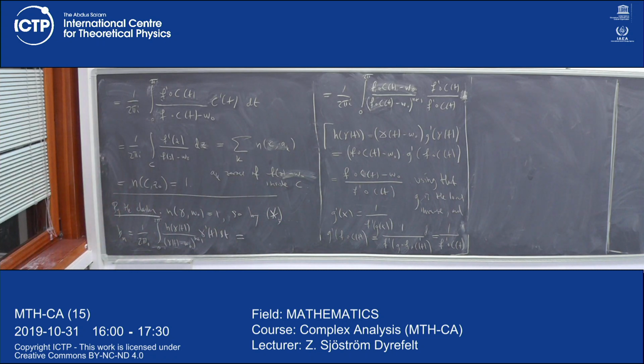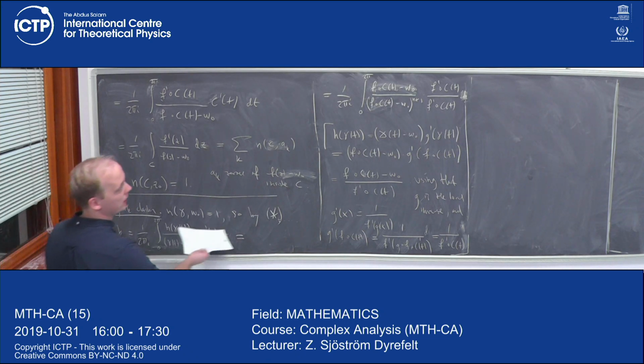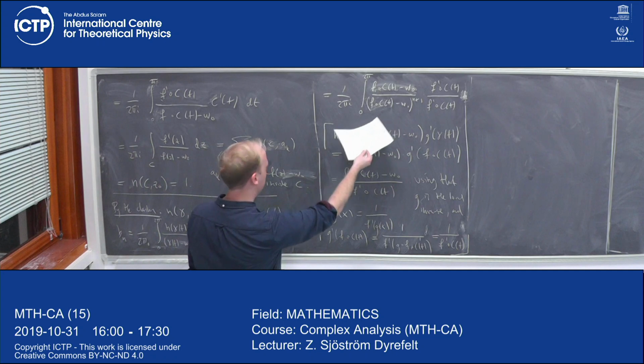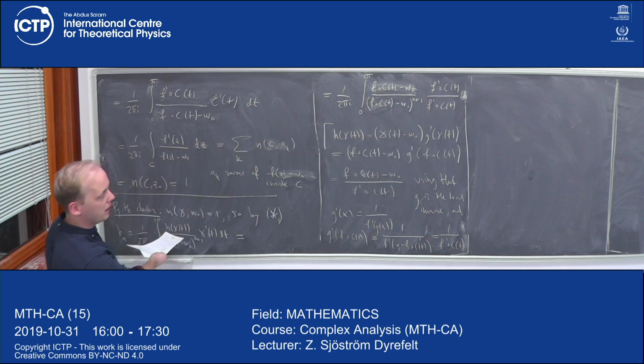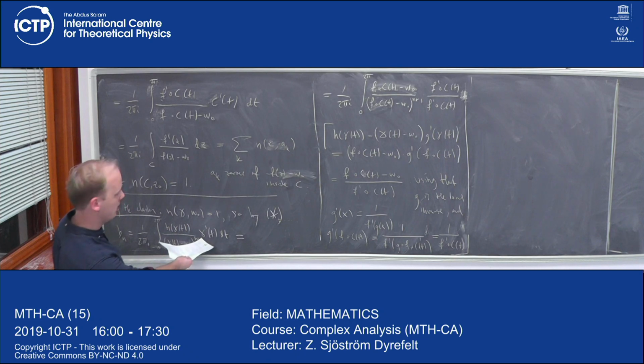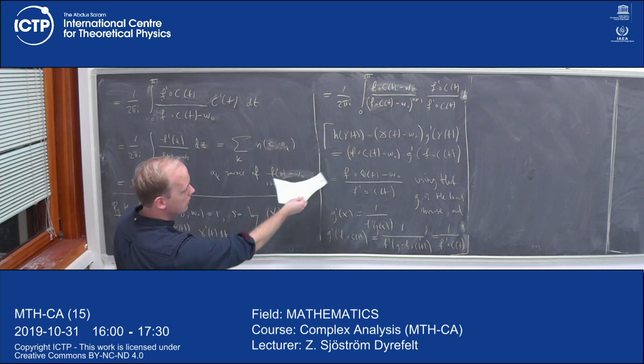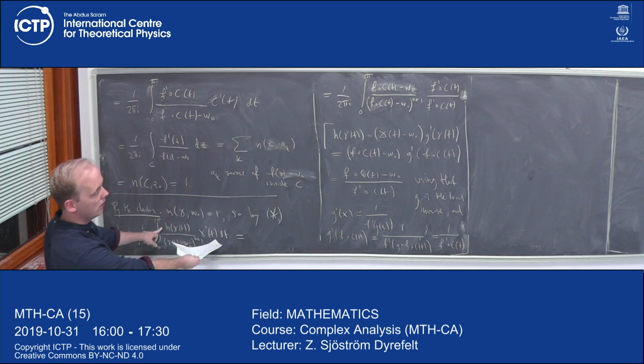So gamma prime of t is equal to f prime of c of t.